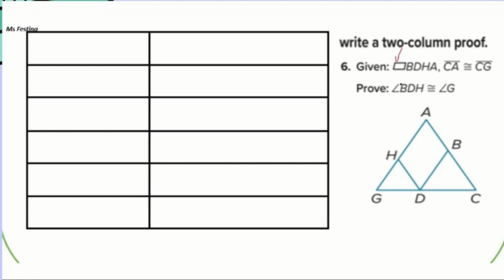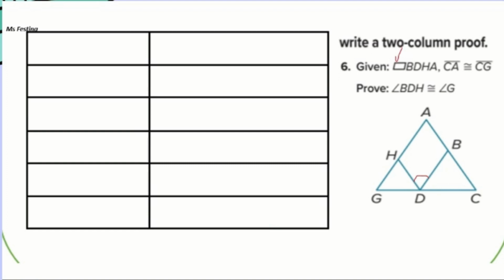So they want us to prove that angle BDH, which is this angle right here, is equal to this angle here, okay? So how do we do that? Let's write down what we are given.